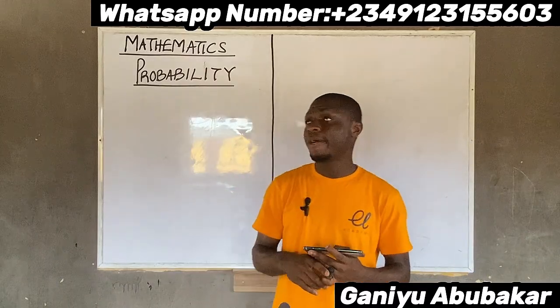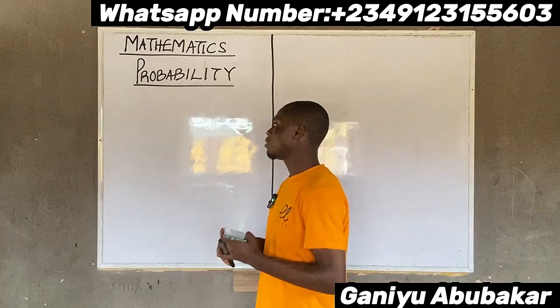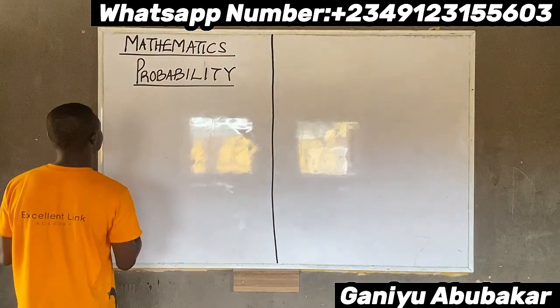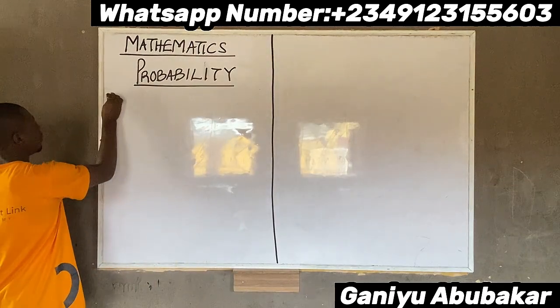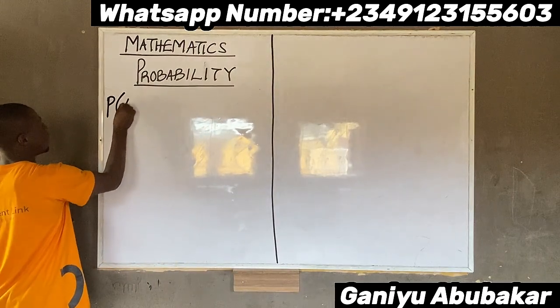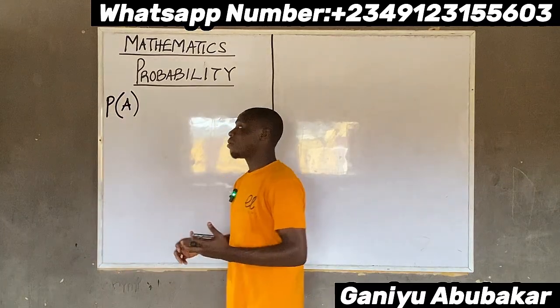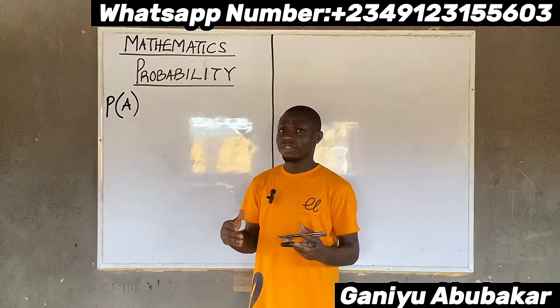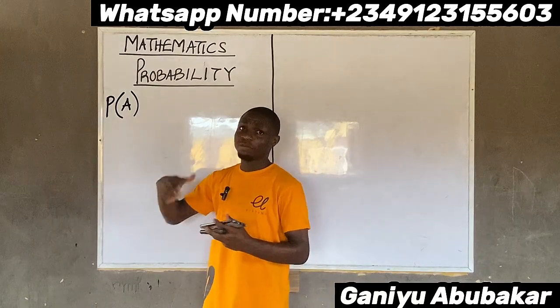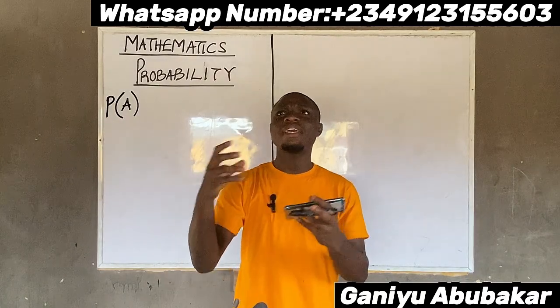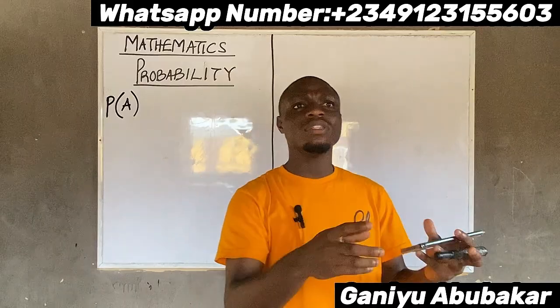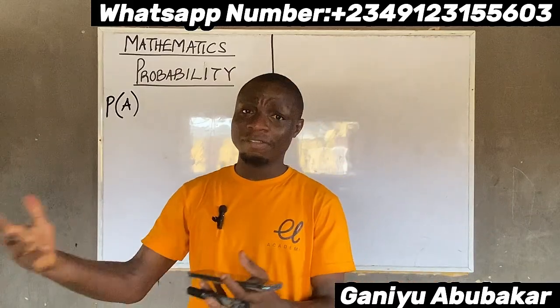At this junction, please note the probability P of any event, let's say in this case we are using event A. In probability, we have different events. We can have event A, event B, event C. There is something that is used to represent every event.